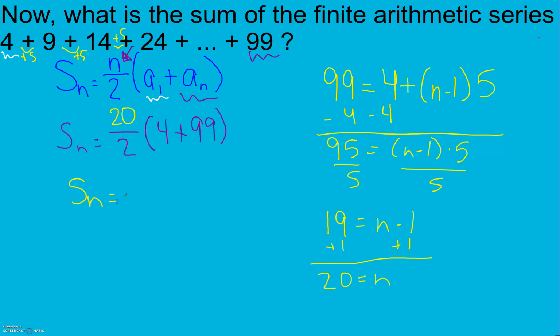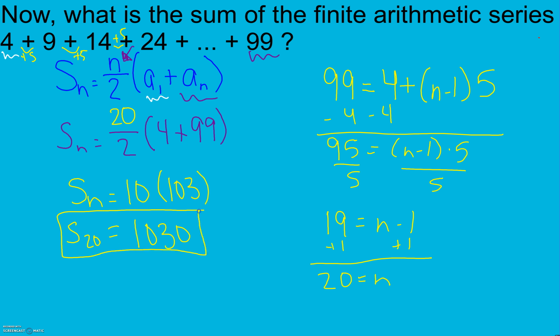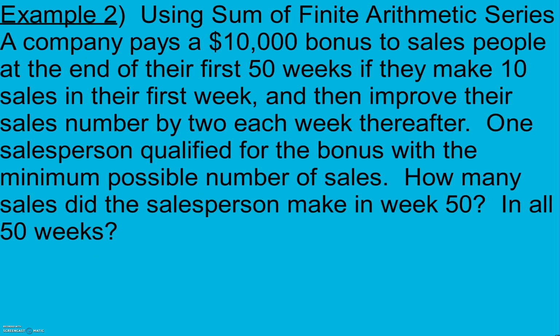S sub n equals 10 times 103, which is 1,030. And it's S sub 20. Our first 20 terms in the sequence add up to 1,030.